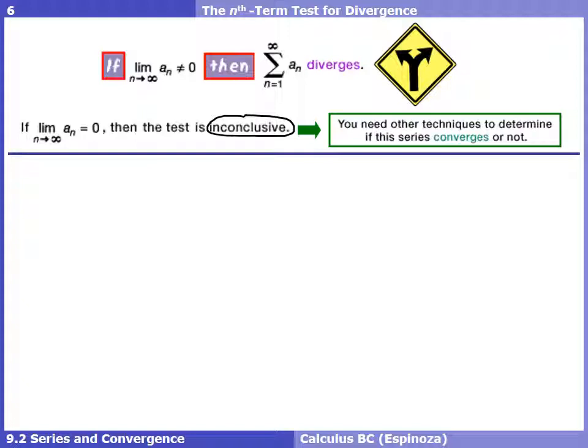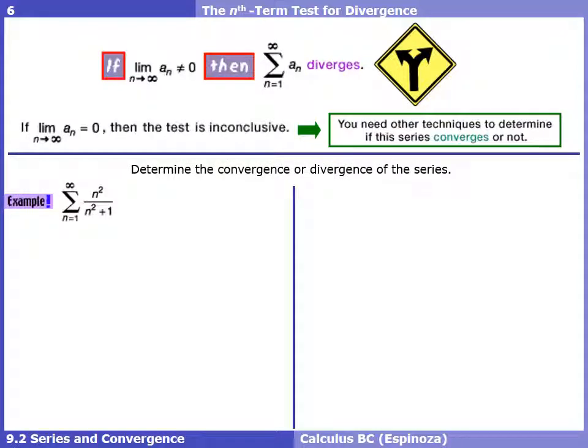We need some other techniques to figure out if the series converges or not. Like I said, in these next lessons in Chapter 9, we'll start talking about those techniques. But for now, all we have is this test to see if an infinite series diverges. If we get a 0 for the limit, all we say is, we don't know yet.